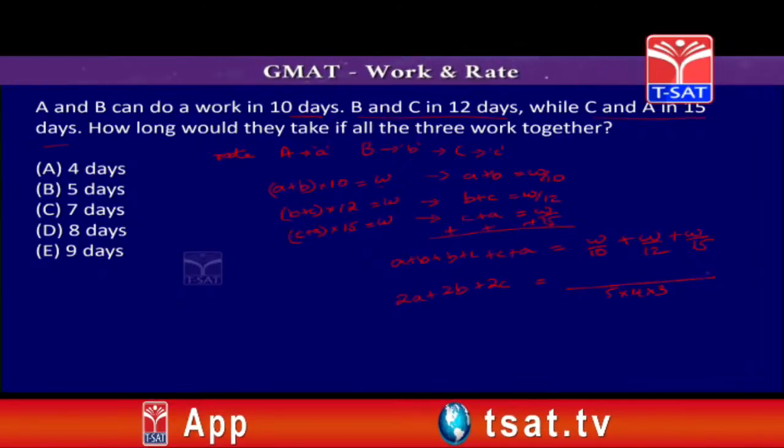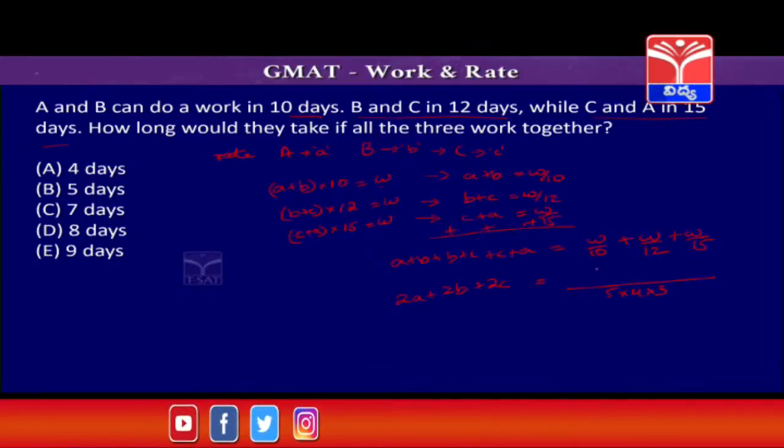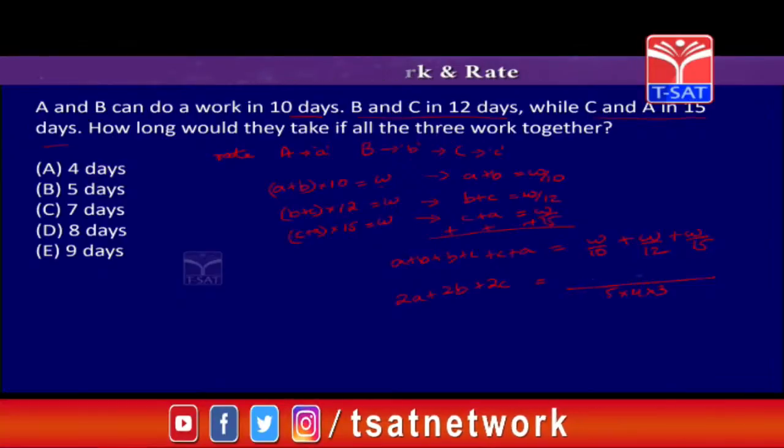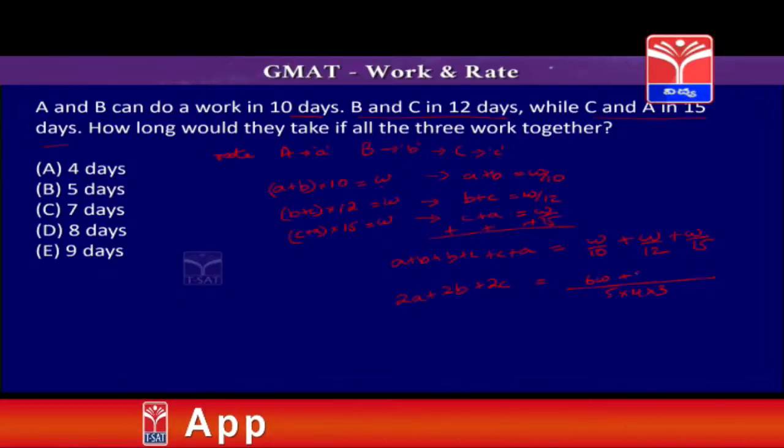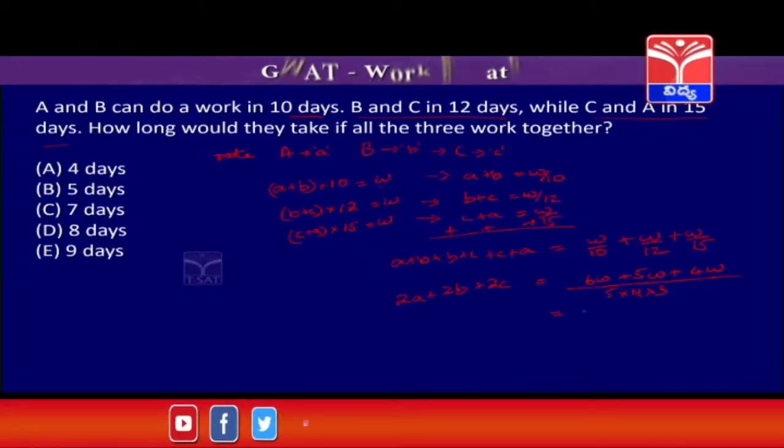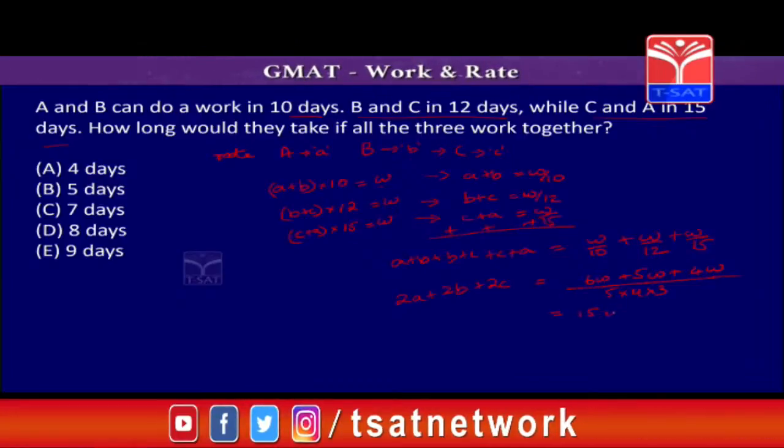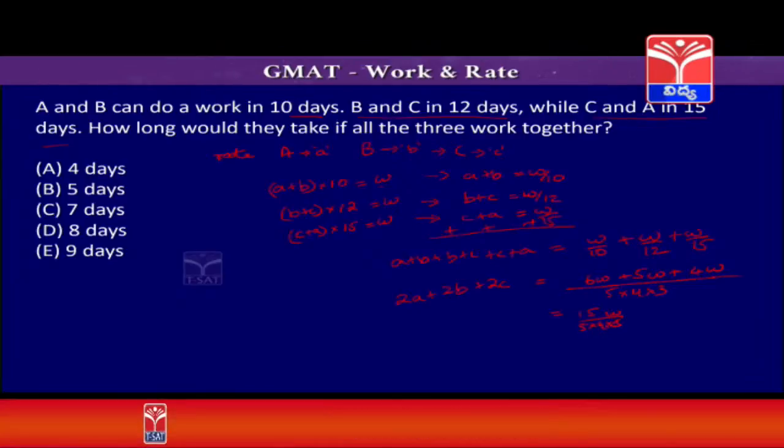LCM will be 5 4s are 20, 3s are 60, and in the numerator you will be left with 10 into 6, 5, and 4. So this comes out to be 15W by 5 into 4 into 3. It comes out to be W by 4.